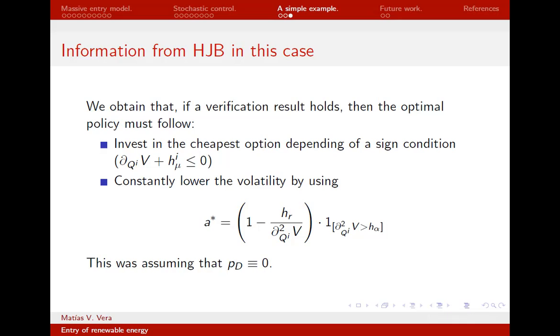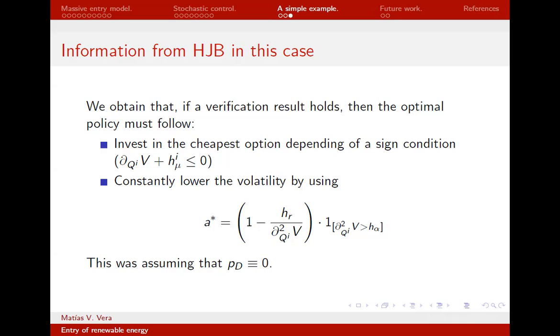PD equal to 0 basically means the demand is always the same. So the problem becomes not only fulfilling the demand, but changing from one technology to another in order to have a cheaper cost. That's the idea when PD is equal to 0.